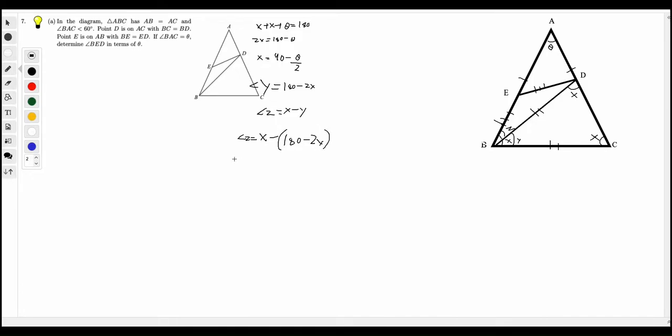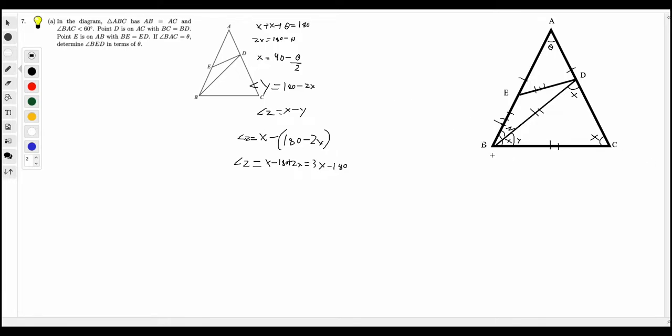Next we're going to simplify, and now we end up with angle Z equals x minus 180 plus 2x, which equals 3x minus 180, which equals angle Z.